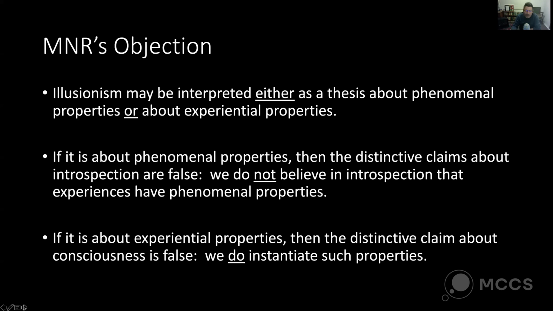That's a kind of confused picture from her point of view. It's a confused way of thinking about experiences or about consciousness. Really, we should think of consciousness as just a matter of instantiating experiential properties or not.